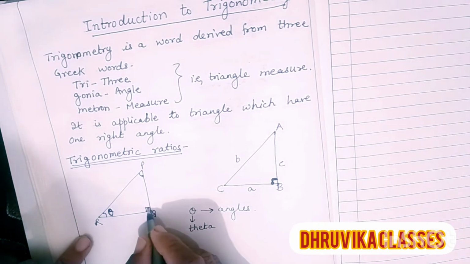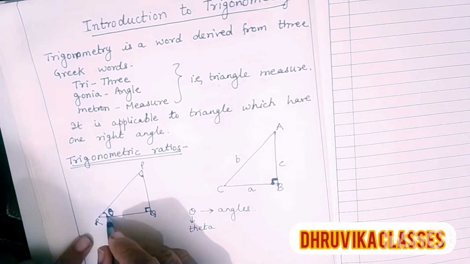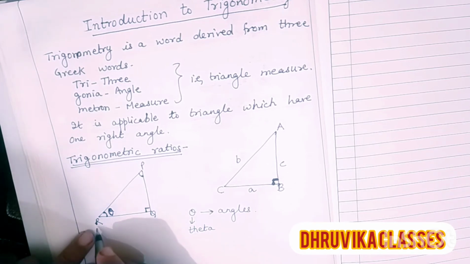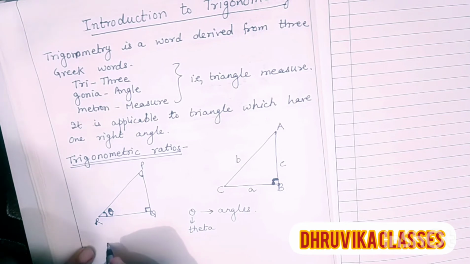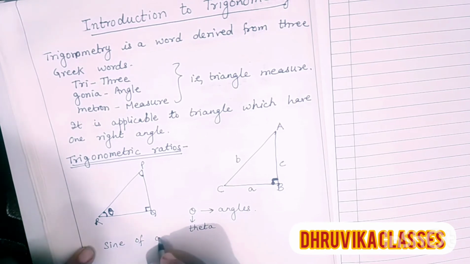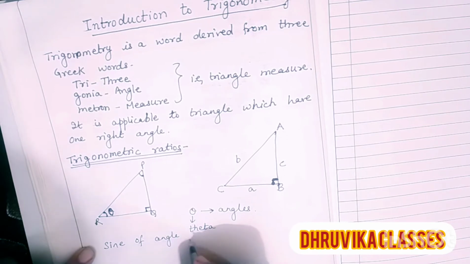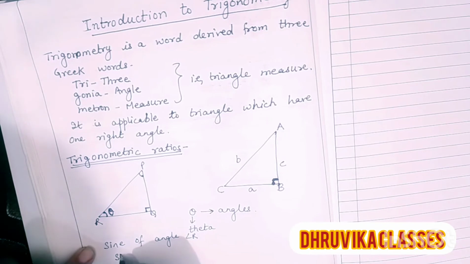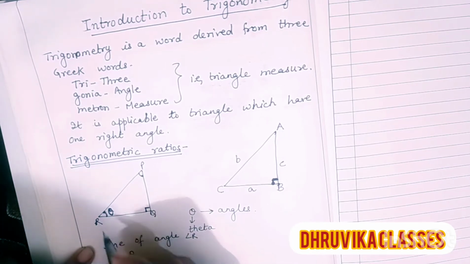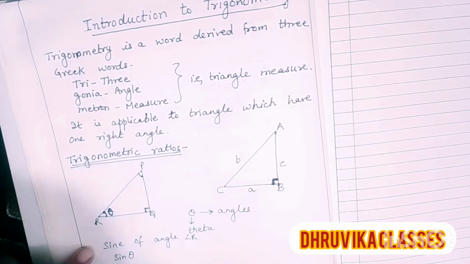So see, if this angle is 90 degree and this is the angle theta, we are finding the trigonometric ratios for angle R. So the first trigonometric ratio is sine of angle R, which we can write as sine theta, because this angle R we are representing as theta.